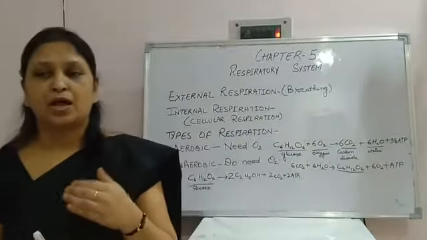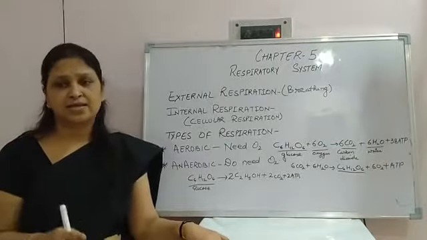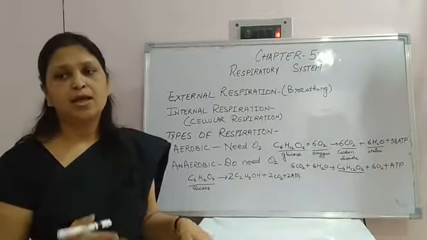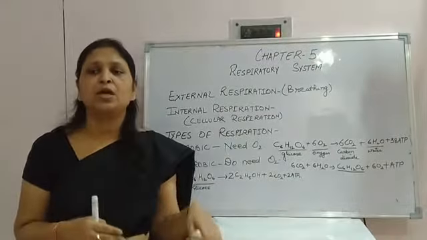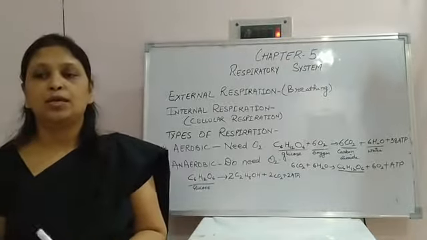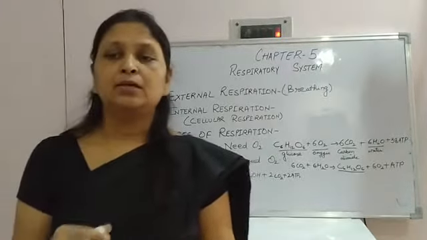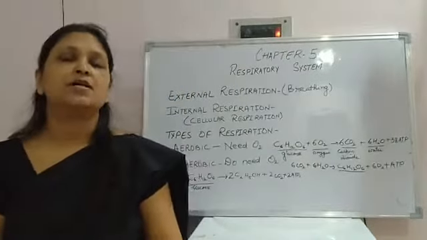The byproducts are lactic acid or ethyl alcohol. The cell produces ATP through lactic acid fermentation only when they have a lack of sufficient oxygen.